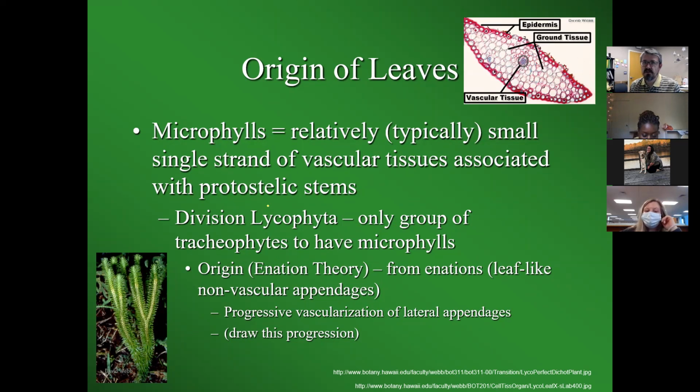Now, the origin of leaves: there is one theory called the enation theory. Enations are little nubs on the outside of a stem. They're just little protuberances that developed on the outside of the stem. What we'll see is something like this.